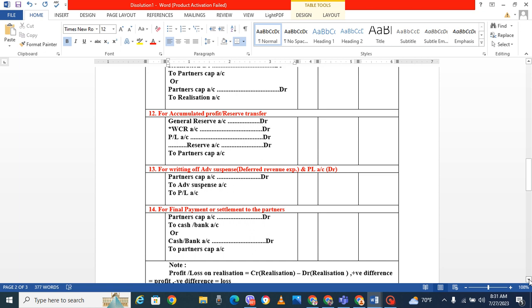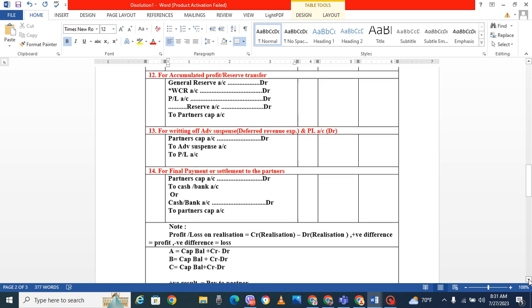Simply think of it as a type of furniture or any other asset, but don't think of it as old goodwill. For the rest, you have to write them off. For writing off ADB suspense and PL account, we have to debit the respective partner's capital account and credit ADB suspense and PL account as well.